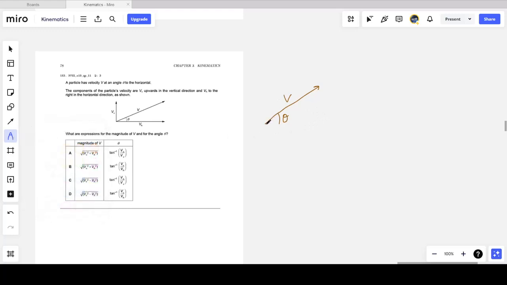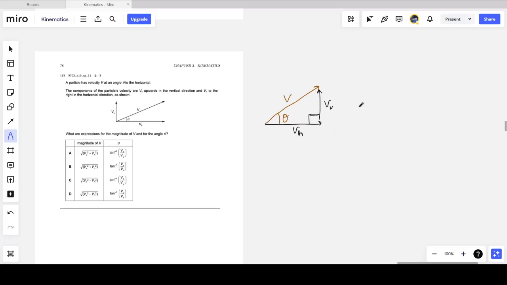And then I can break the components of this vector into a horizontal and vertical component, as we can do with any vector. I can write a vector as a sum of two perpendicular components. Perpendicular means they're at 90 degrees to each other. And then I have a nice right angle triangle.